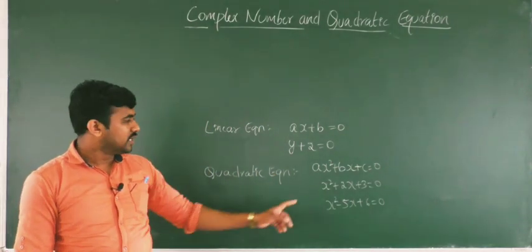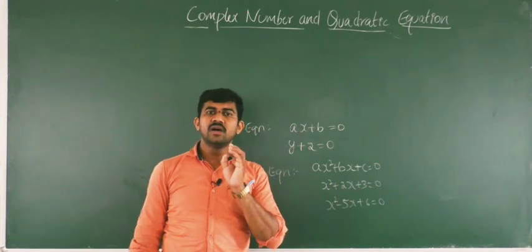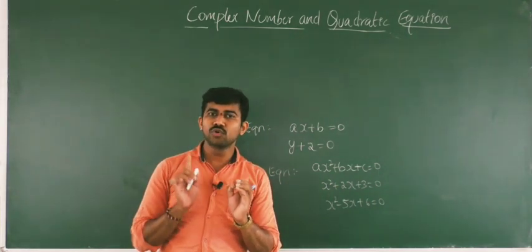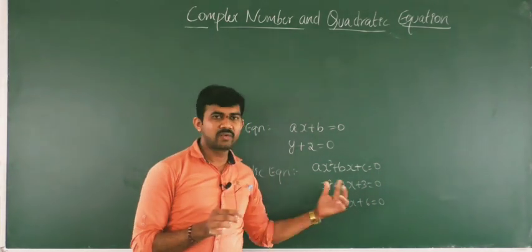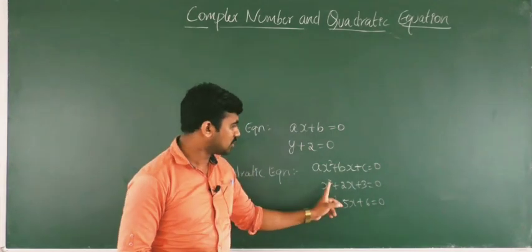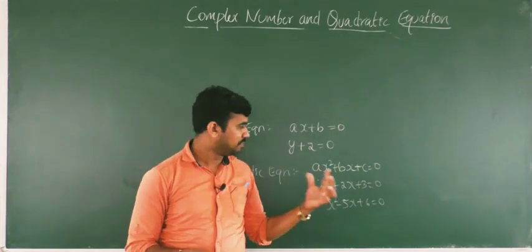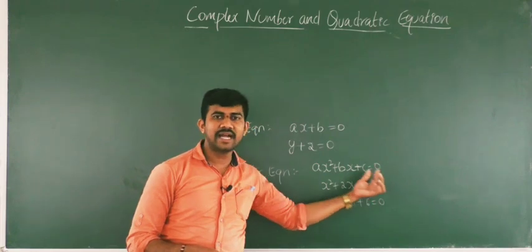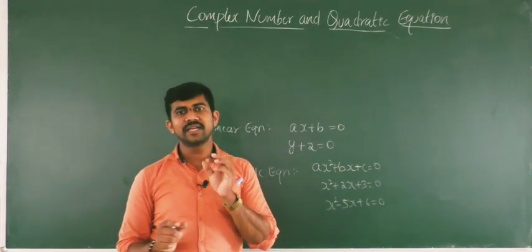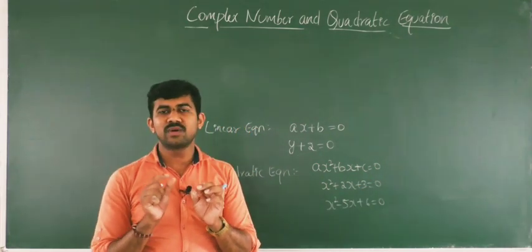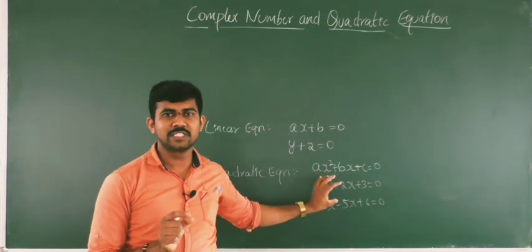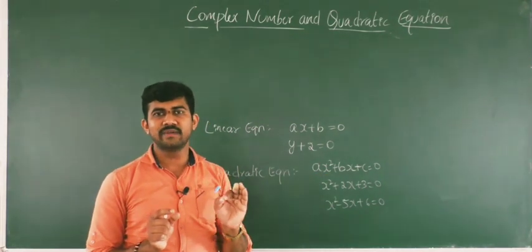And also here the value of x gives the root or solution of the quadratic equation. It means if you substitute a suitable value for x and you get the left hand side equal to the right hand side, then we can say the x value is the solution of this quadratic equation, or a root of this quadratic equation.